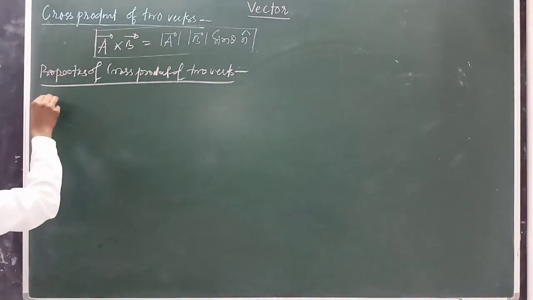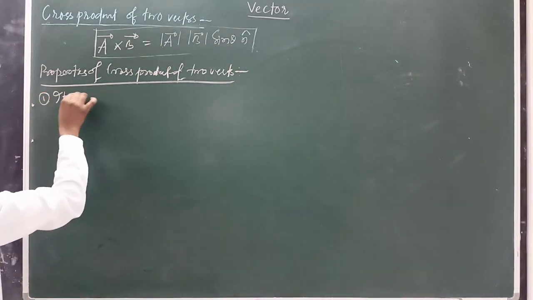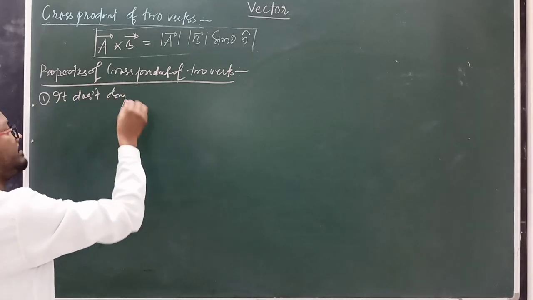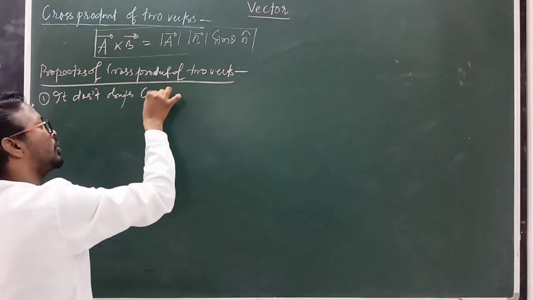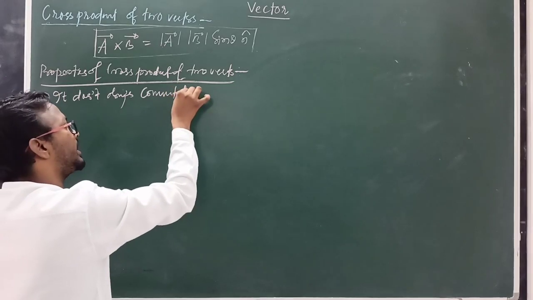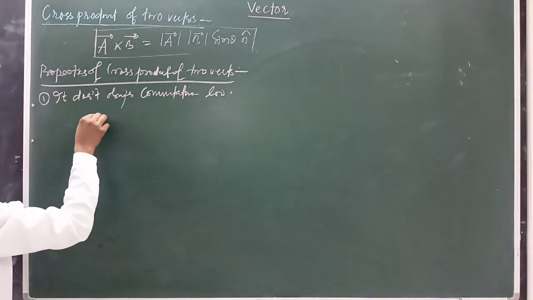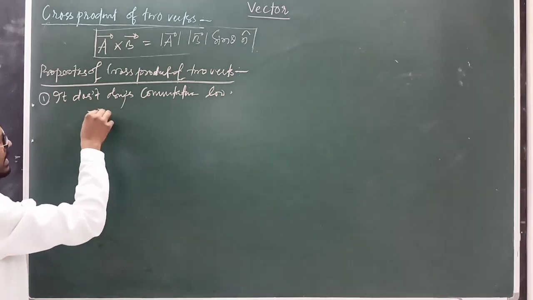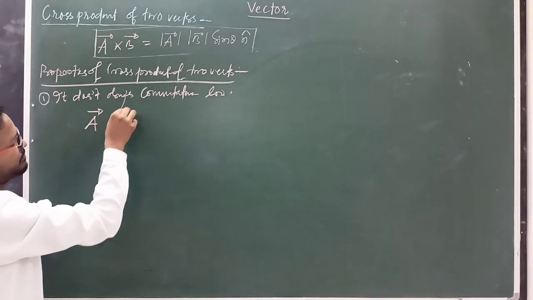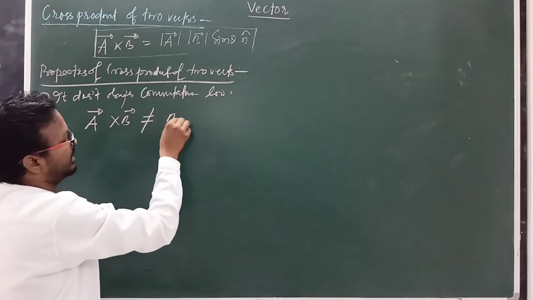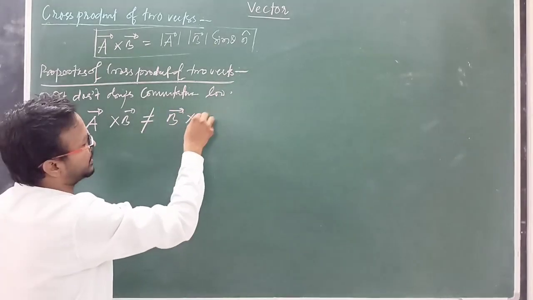So first property, it does not obey commutative law. So we cannot write like this, that is A cross B which does not equal B cross A vector.